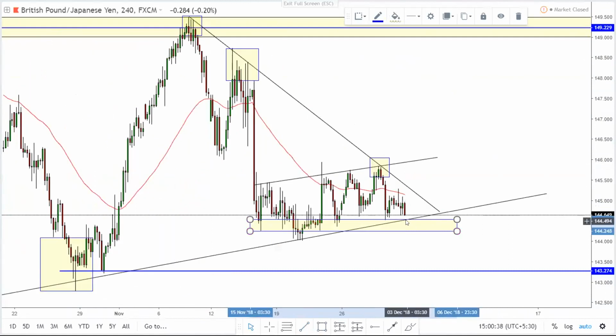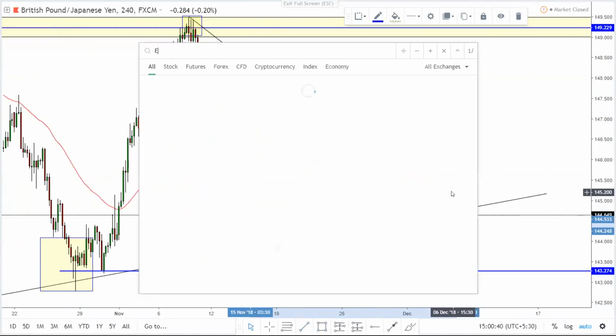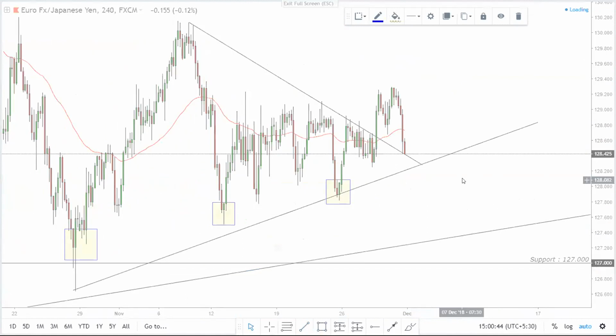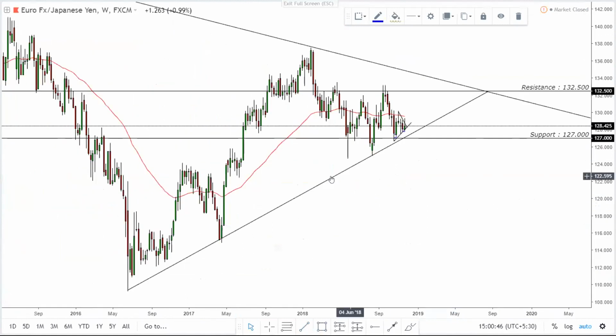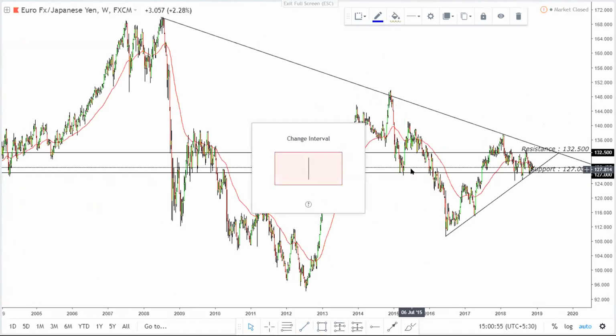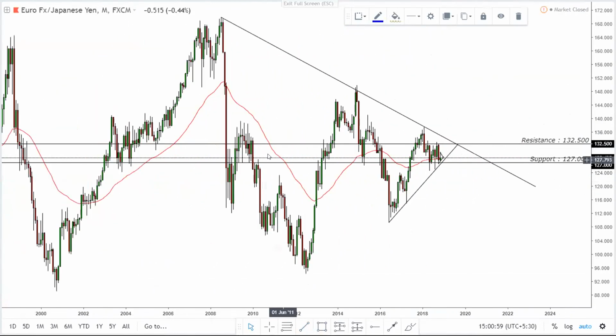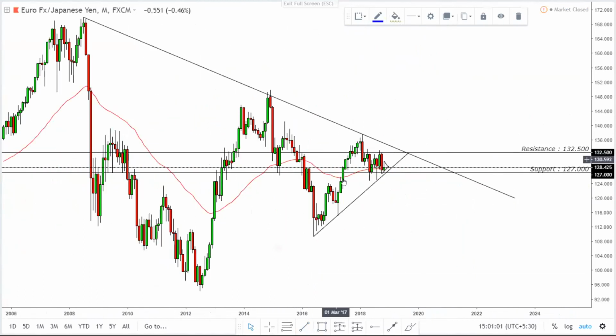Now I'm going to move to the next pair, which is Euro JPY. On the monthly time frame, this pair is in bearish movement.